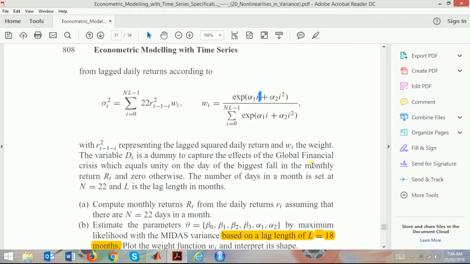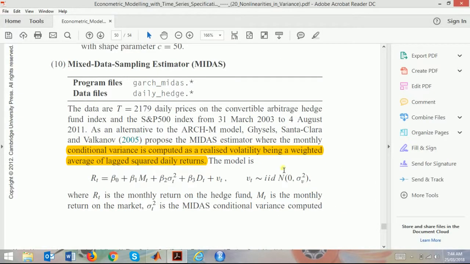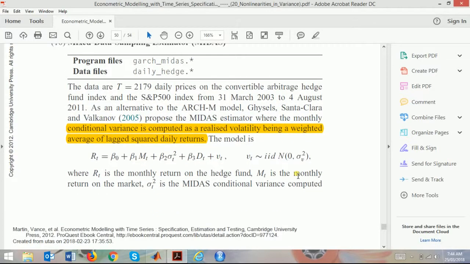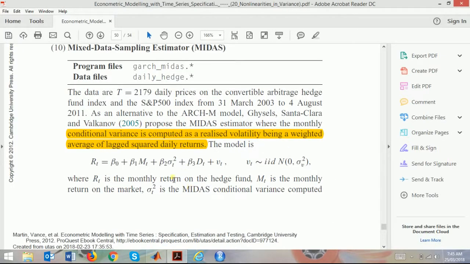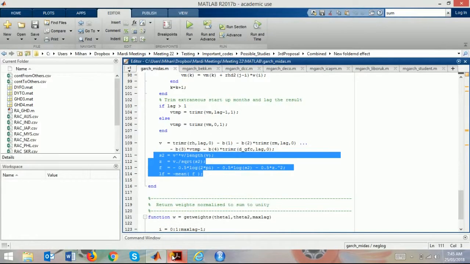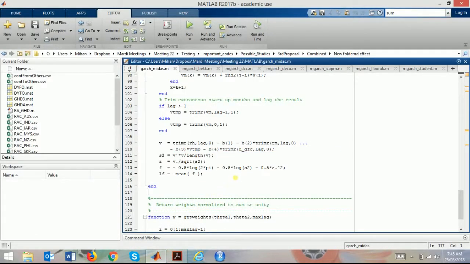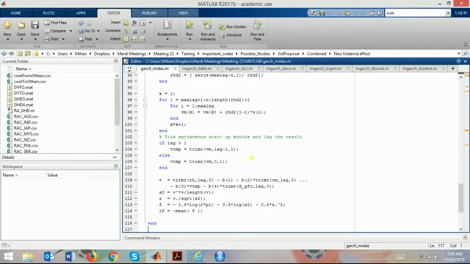And what is realized volatility? It is the weighted average of lagged squared daily returns. So your returns are basically weighted, and that's realized volatility. The beauty of this system is it can capture the effect of financial crisis periods when you have realized volatility.